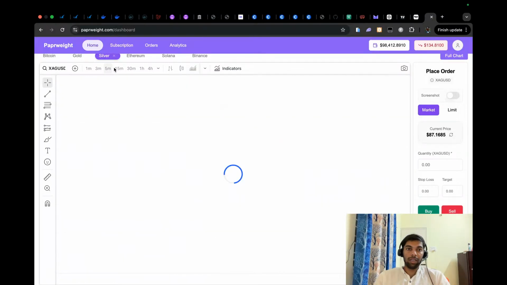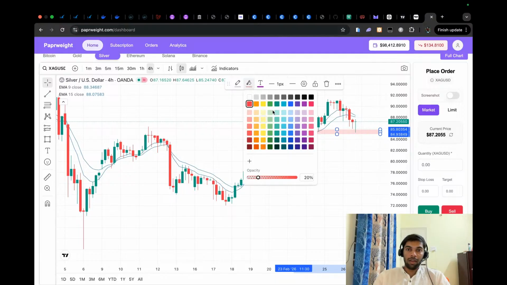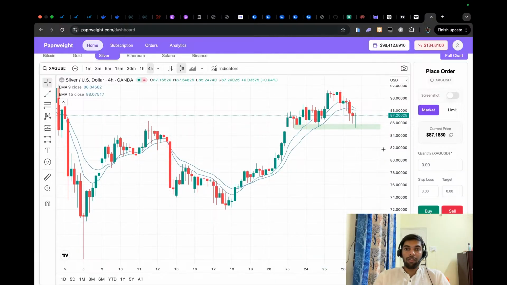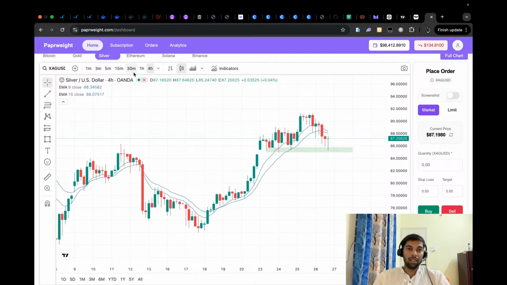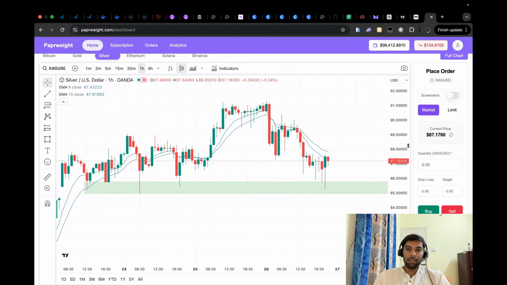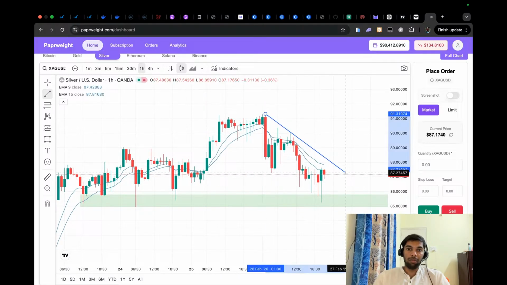Let's see what is happening at silver. Okay, silver is at its support zone. This is the support zone in silver, and there is a chance that buying can come in silver in the longer, higher time frame, although there is a rejection from here as well at the 1 hour time frame.